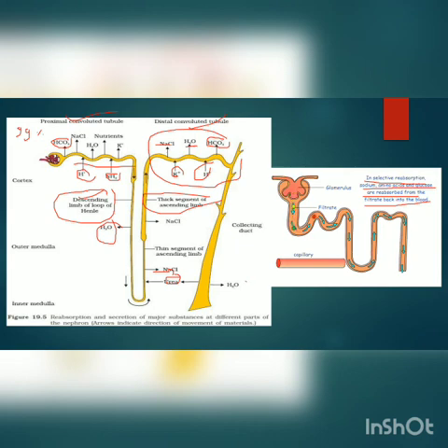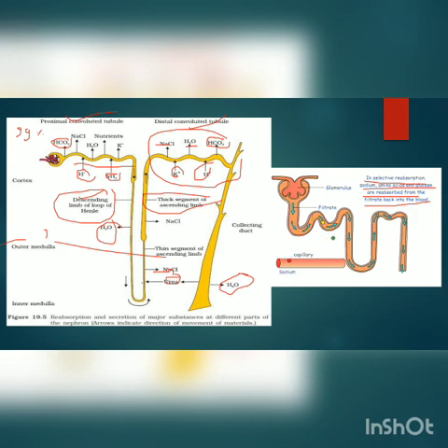Now a large amount of water is reabsorbed from this region to produce the concentrated urine. This segment allows passage of a small amount of urea into the medullary interstitium to keep up the osmolarity also. So a small amount of urea also passes into the medullary region.